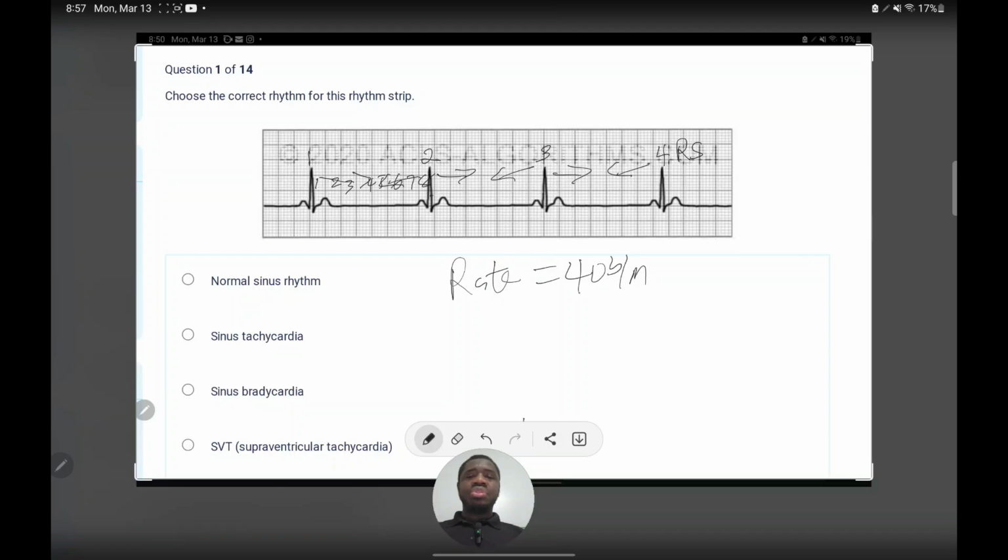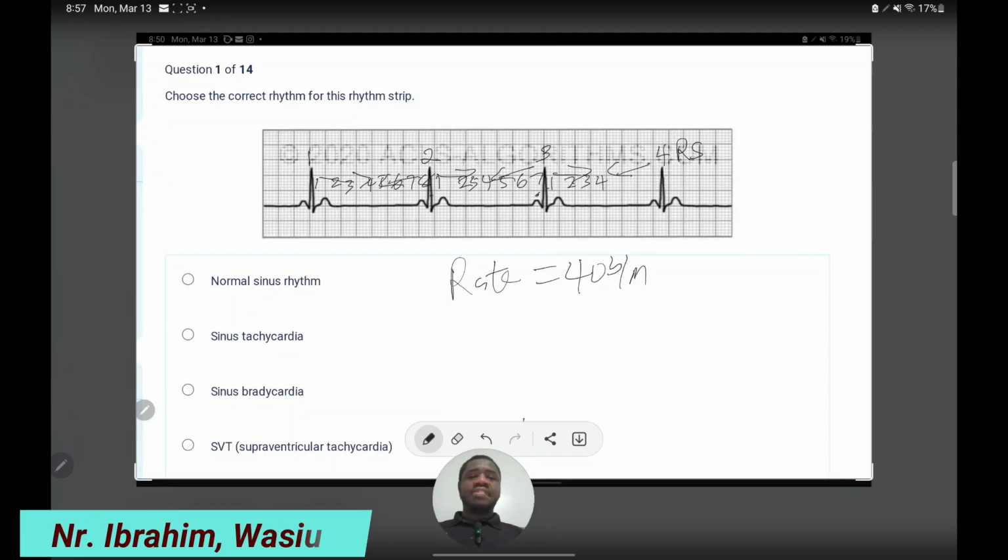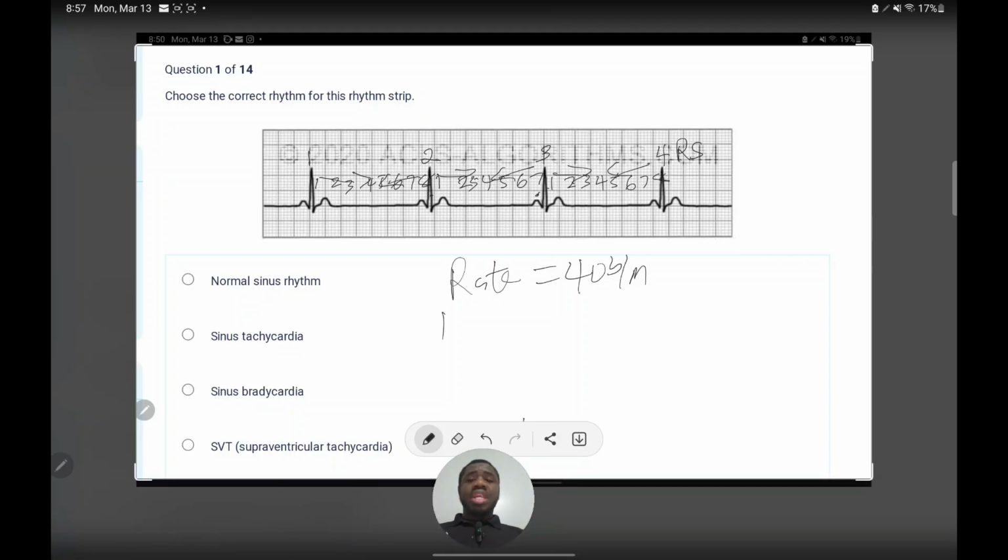From this arc to this arc, 1, 2, 3, 4, 5, 6, 7. And from this arc to this arc, 1, 2, 3, 4, 5, 6, 7, 8. So this rhythm is fairly equidistant, so we can say that it is regular.